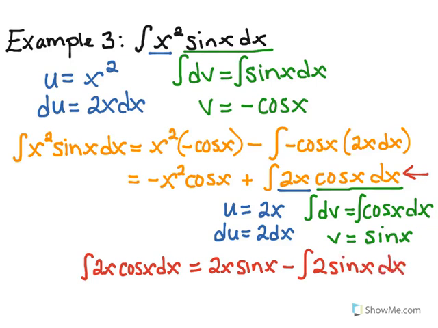Which, yes, there's still another integral, but I can easily find the antiderivative of 2 sine x because the 2 can go out in front. This part here takes the place of this integral here.